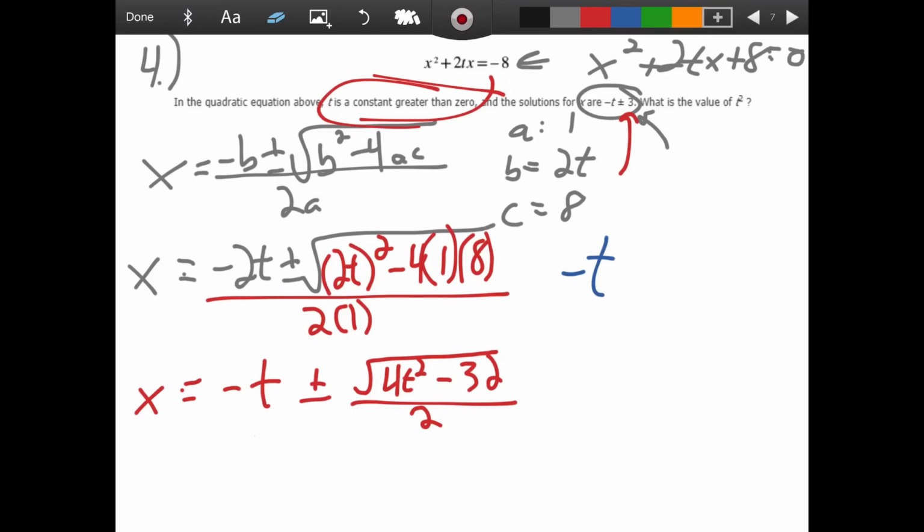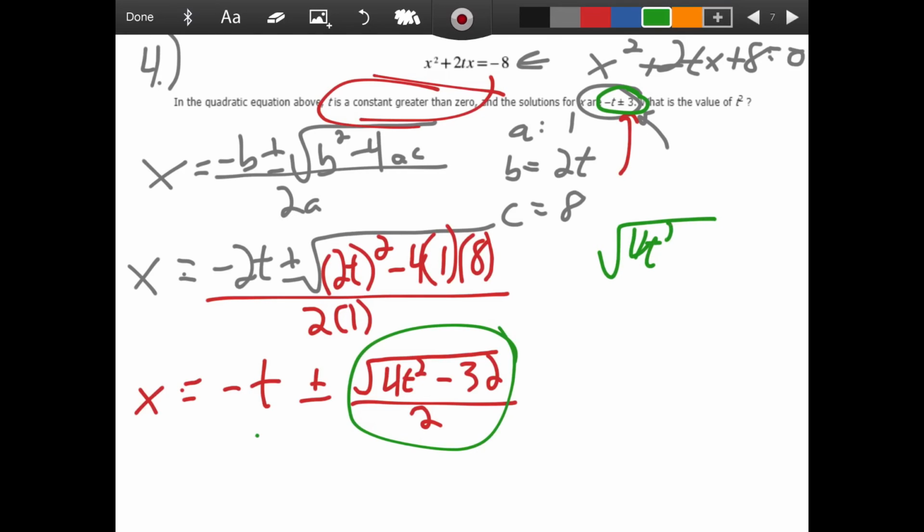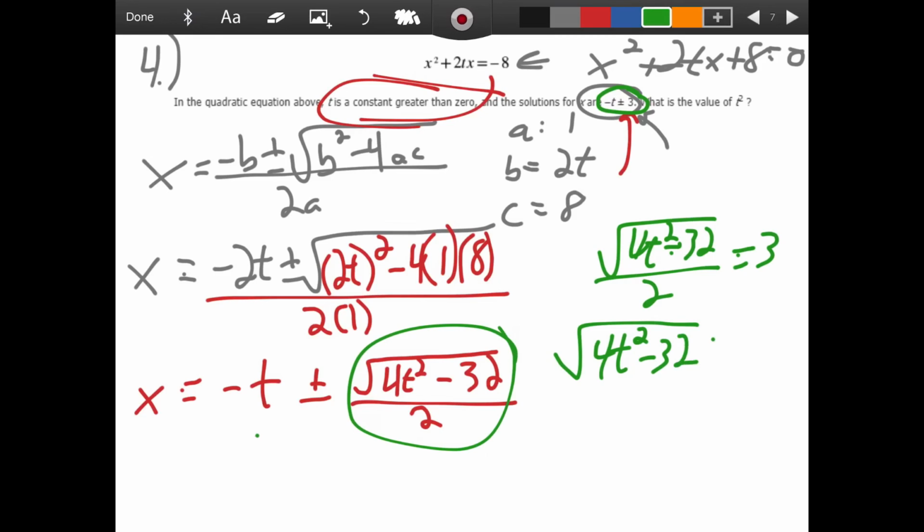Now we can see that over here we have negative t plus or minus this whole thing, and the problem tells us negative t plus or minus 3. So the square root of 4t squared minus 32, over 2, is going to be equal to 3. Now I'm going to cross multiply each side by 2. So you get the square root of 4t squared minus 32 equals 6.